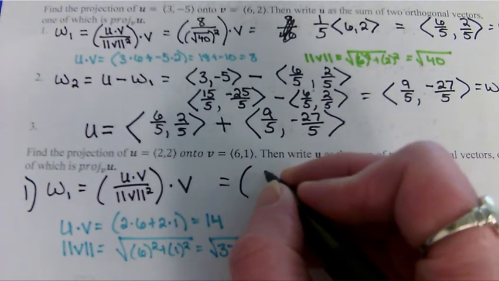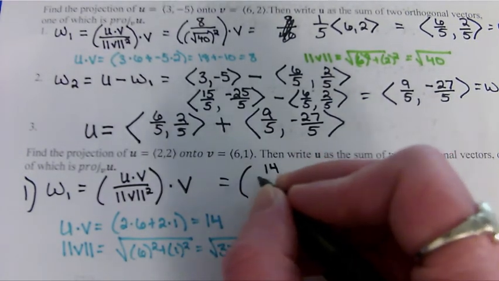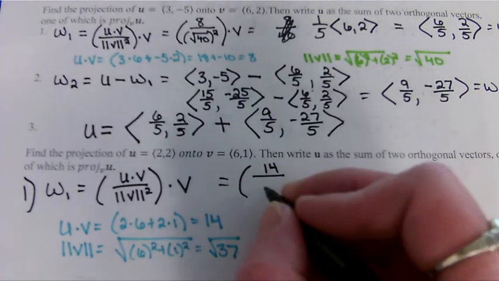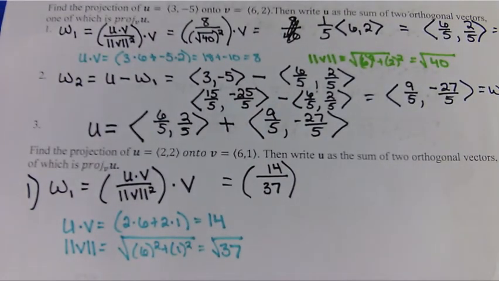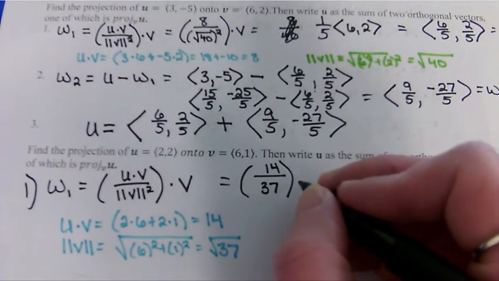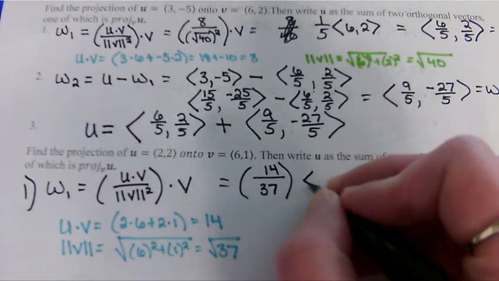So I got u dot v to be 14. I've got to take this and square it, so it's just going to become a 37. I don't think that simplifies. It does not. So times vector v.